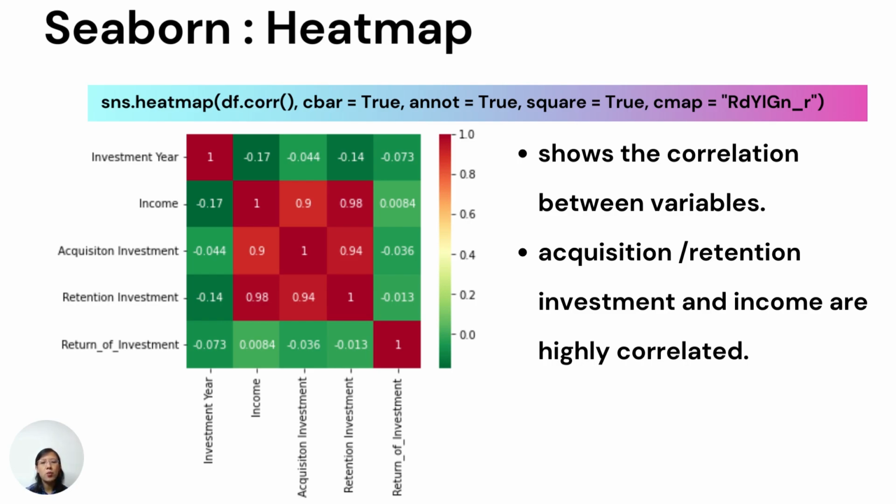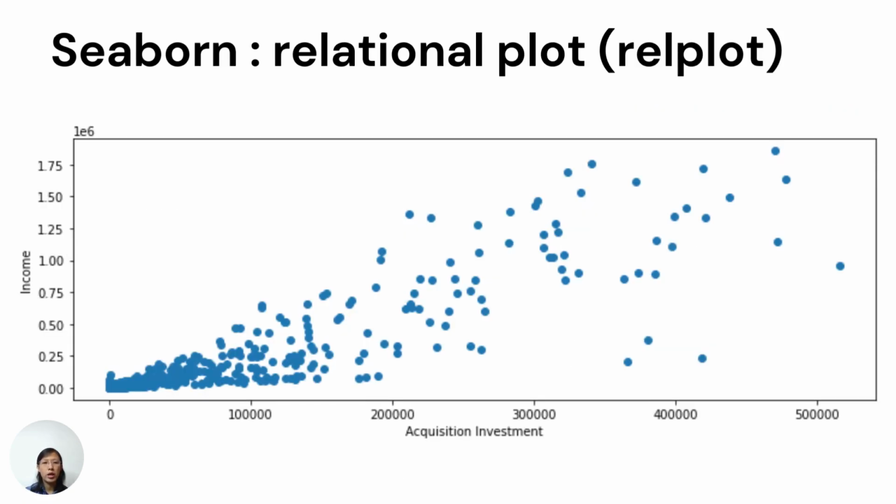To further study the relationships, we will talk about the plot called relational plot, relplot. In the previous exercise, we studied the relationship between investment and income using the scatter plot. It showed that these two variables are highly positively correlated.